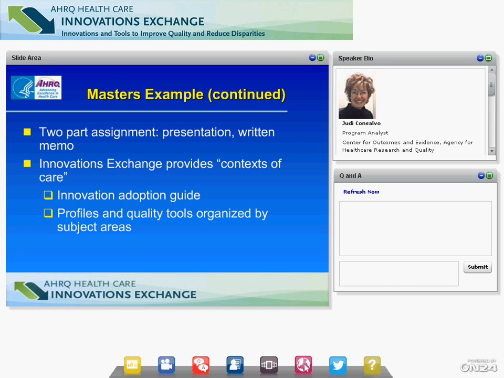On the Innovations Exchange is an adoption guide that potential innovators can look at, but I also have the students read the adoption guide so they understand why an innovation got there. And then, as I mentioned earlier, the excellent capability of sorting the innovation profiles and the quality tools by subject areas is extremely helpful. Next slide.